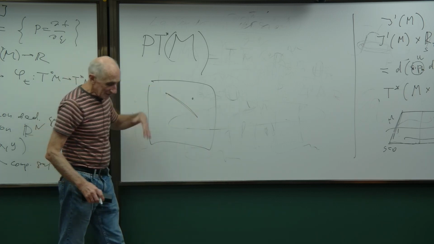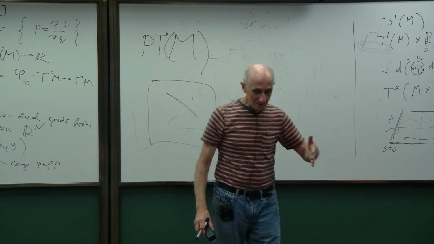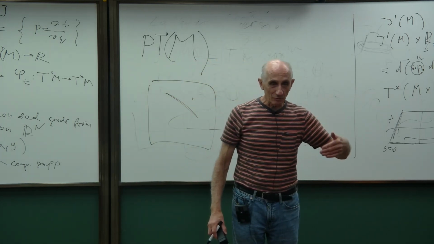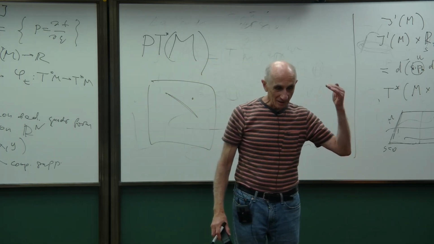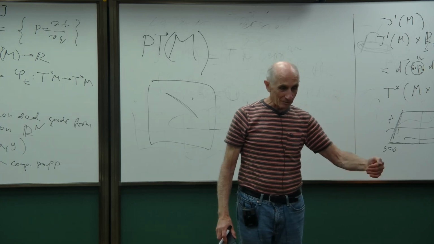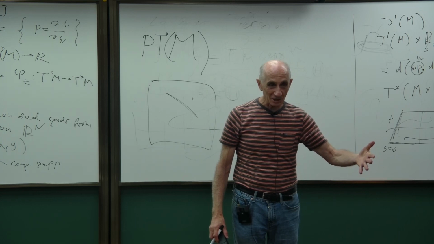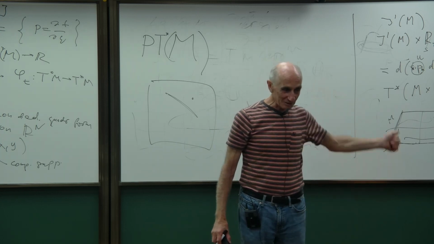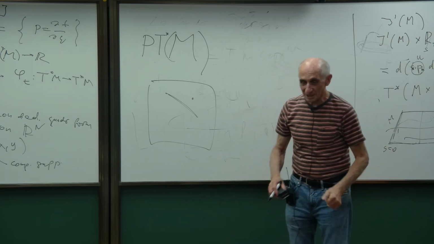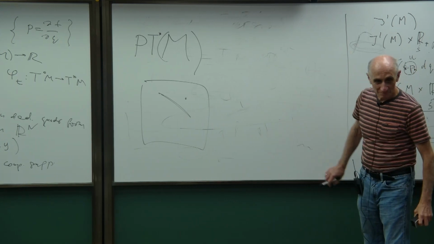As I told yesterday, this is the name space of contact elements. It's a name given by Jacobi, and the word contact structure was interpolated from this one, this original contact manifold.